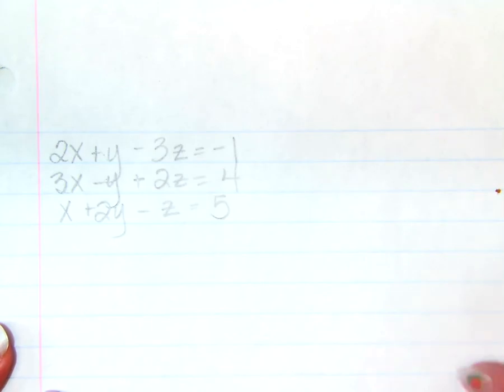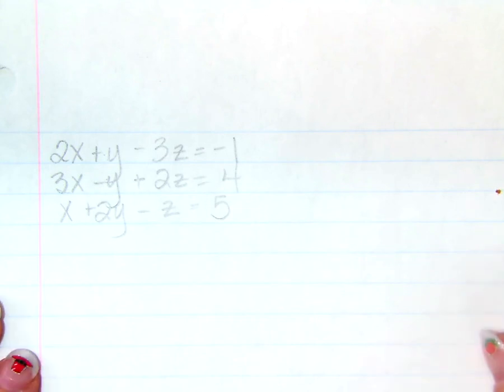So here's my question for you, however. Could you give me a really good argument for canceling out the x's? Could you argue with me that it would be fine to cancel out the x's?